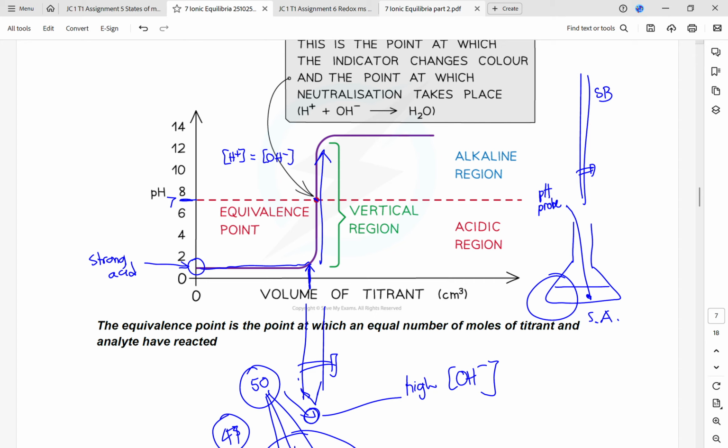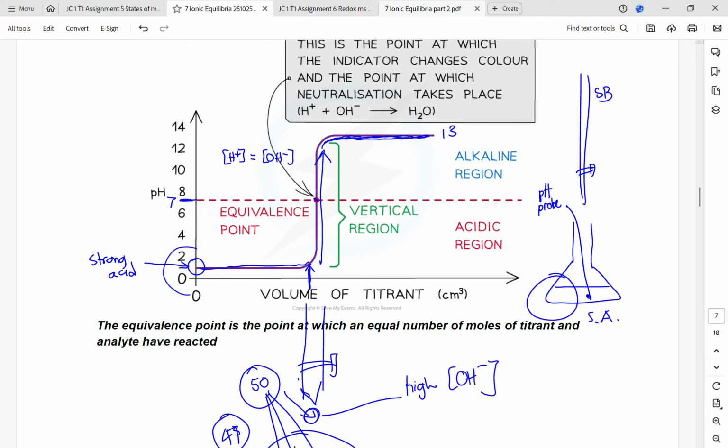After that, the pH is just going to be almost stagnant at 13. This is around pH 13, if you use strong alkali. So that's what you need to be aware of.